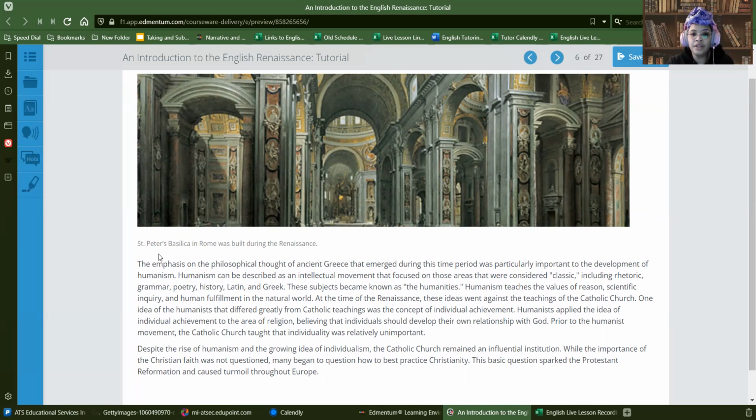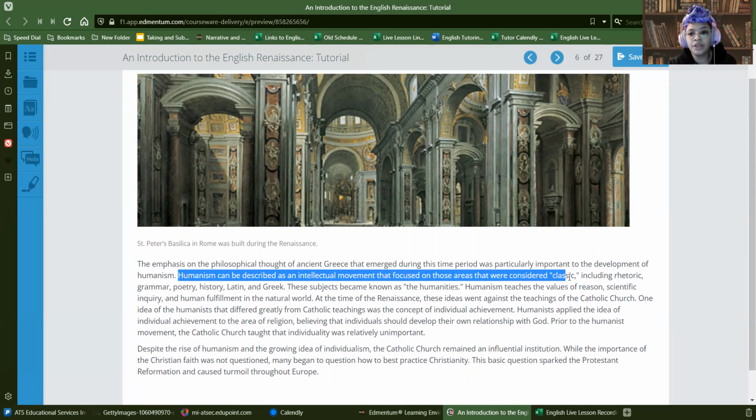And then they give you the definition for humanism. So it says humanism right here can be described as an intellectual movement. So intellectual means having to do with intelligence that focused on those areas that were considered classic. So classic, again, means things that the Grecians and Romans emphasized during their periods.